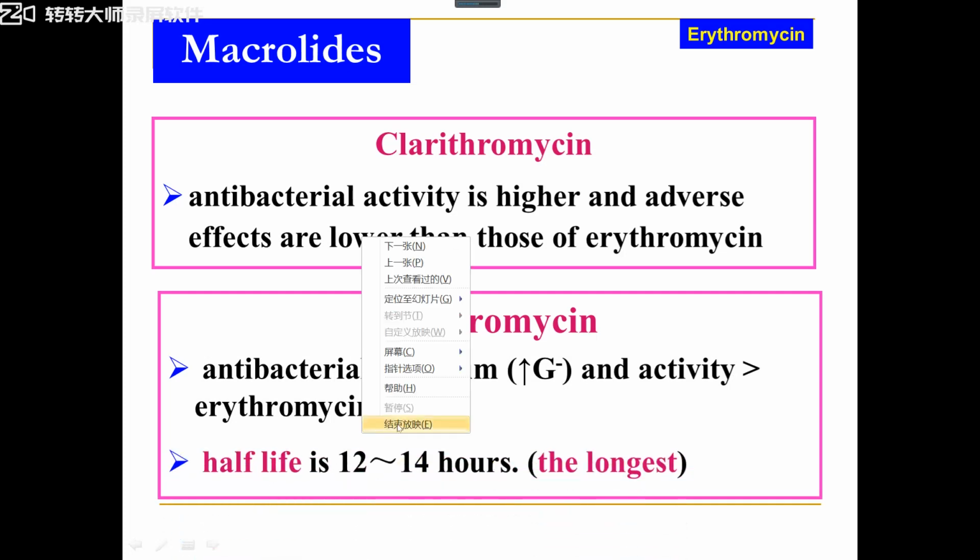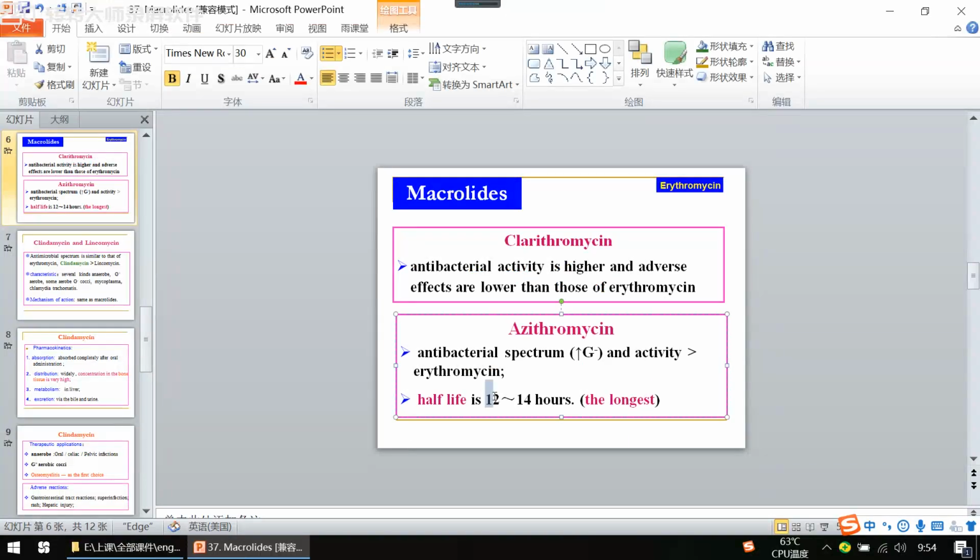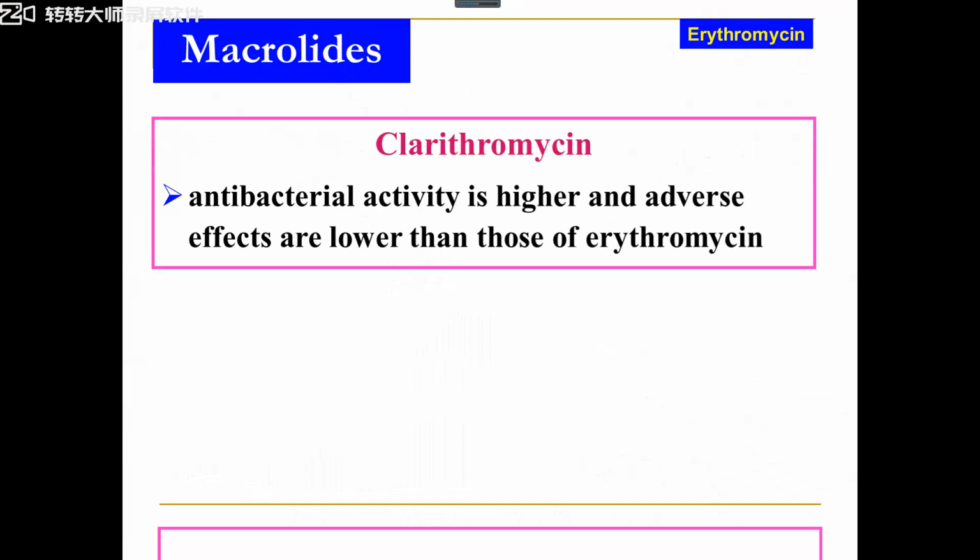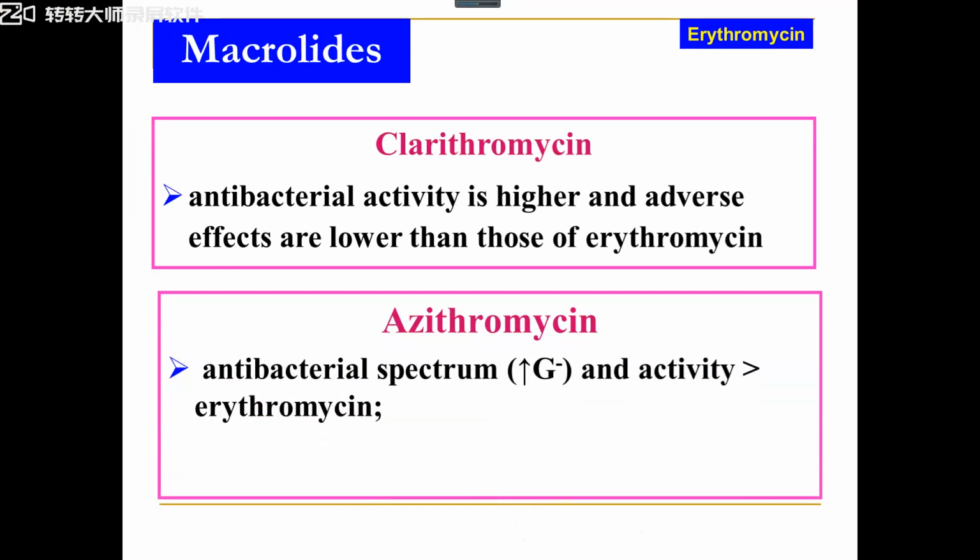The half-life is nearly 35 to 48 hours. Because of this longest half-life, patients can use azithromycin once a day or once every 2 days, and it is the most widely used macrolide this year.